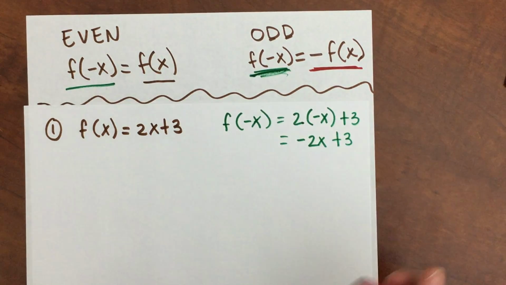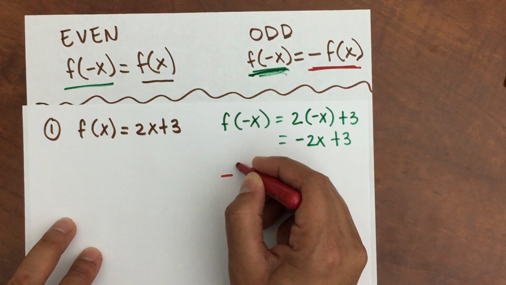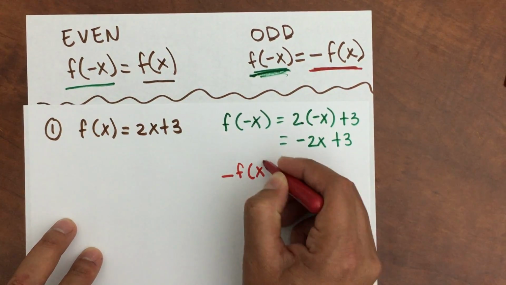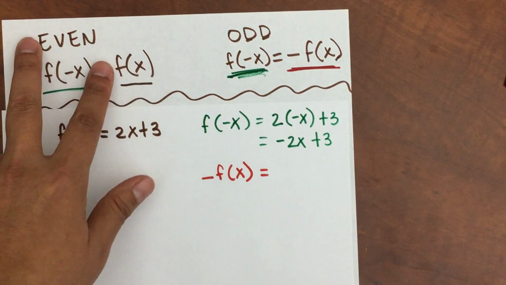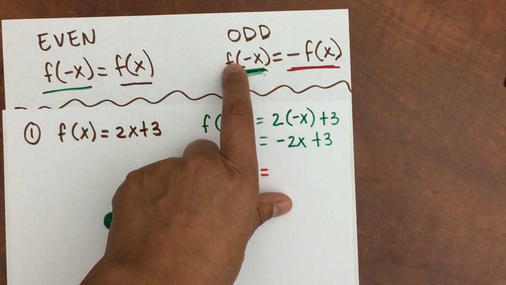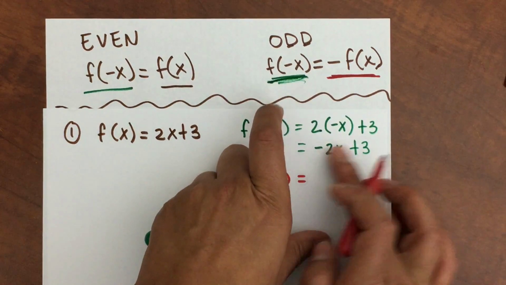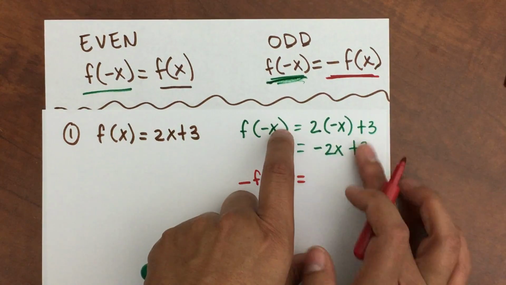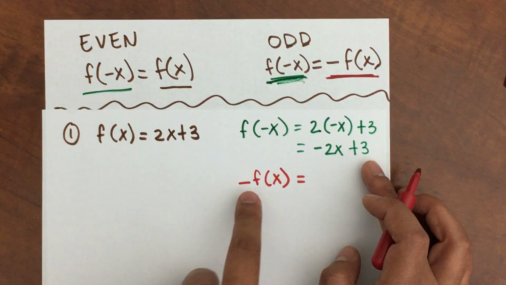So now I'm going to proceed to find the negative f of x. Why? Because since it's not even, now I'm going to see if it's odd. And it means that f of negative x, this answer, has to be equal to negative f of x, which is what we're going to be finding.